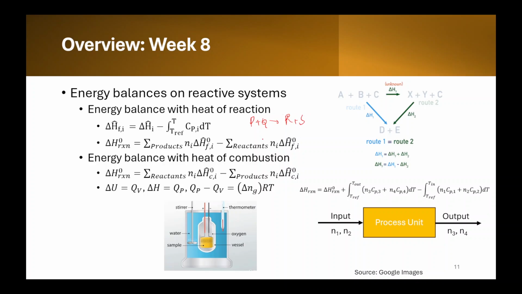The ν_i represents your stoichiometric coefficient. I can write a better equation here.